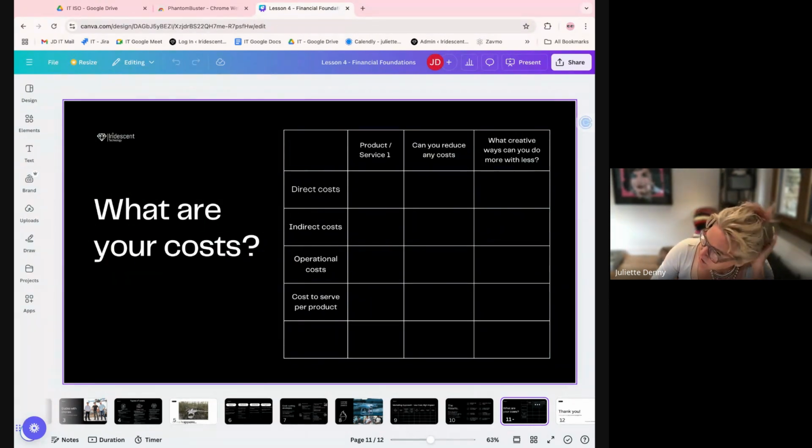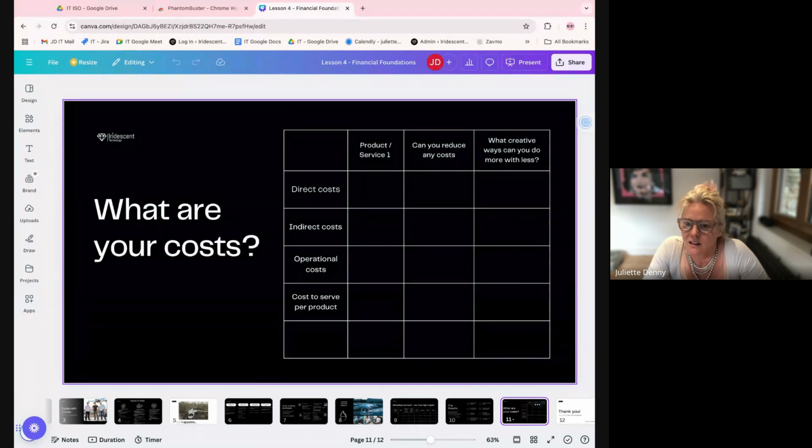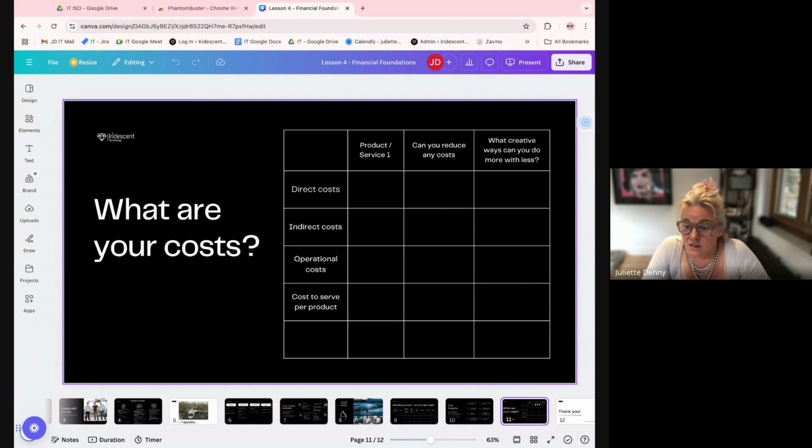So in terms of your homework, this is not a finance exercise, okay? None of us on this course are finance people, but I do want you to think creatively about the types of things that you may be able to do in your business to make your direct costs lower. Your variable costs are fine as long as you've got some sales attached to them.